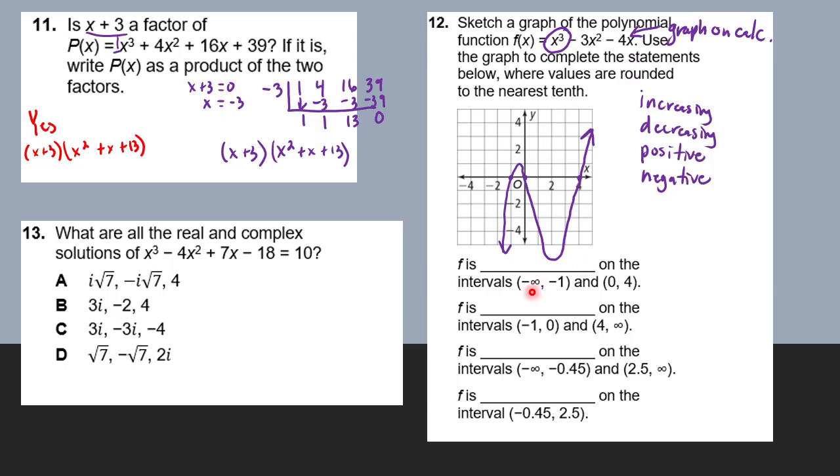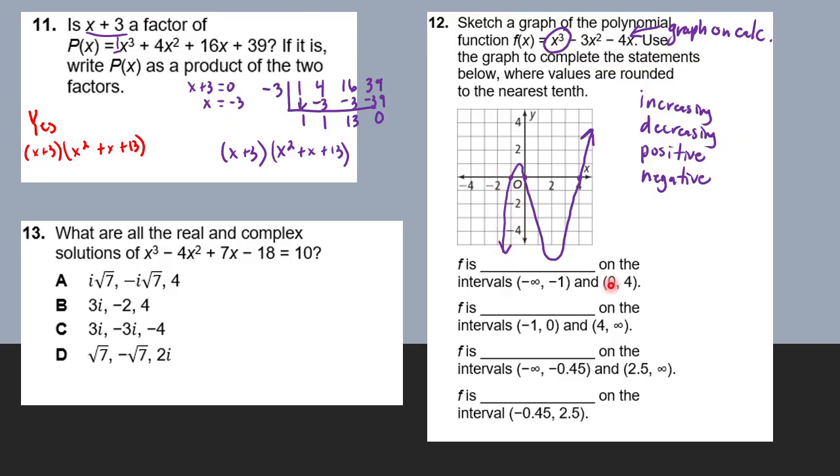Okay, so look at the intervals that they give you. So let's start with this one. So they're saying between -infinity to -1, and these are x values. These are not coordinates. These are intervals. So they're saying starting at -infinity and coming over to -1. So that means this part of the graph right here.